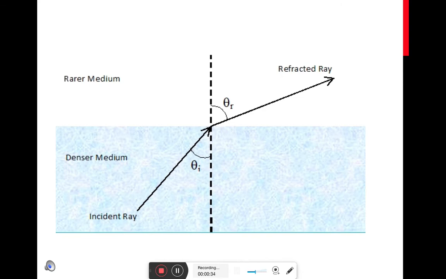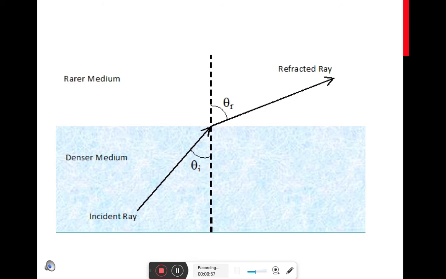As you can see in the figure, you have an incident ray, a refracted ray, an angle of incidence theta I, an angle of refraction theta R, and two mediums, a denser medium and a rarer medium. What differentiates a denser medium from a rarer medium? That differentiating factor is called refractive index.